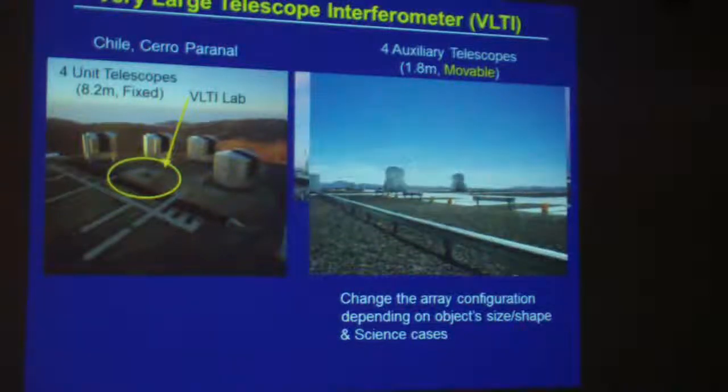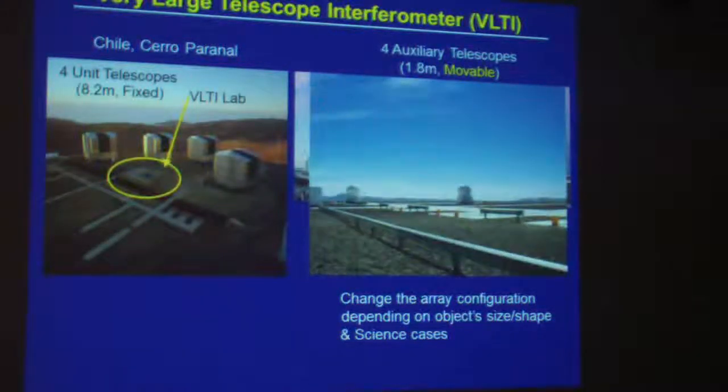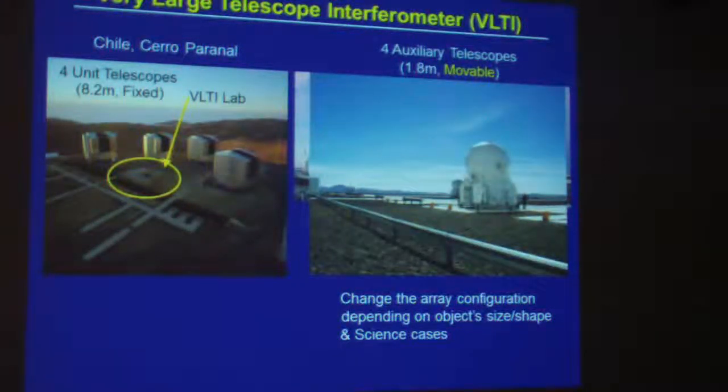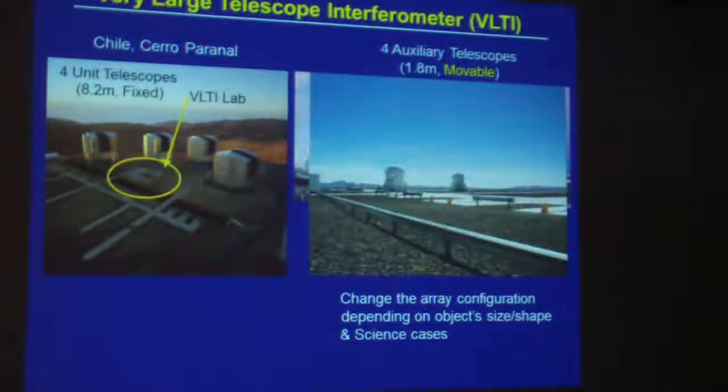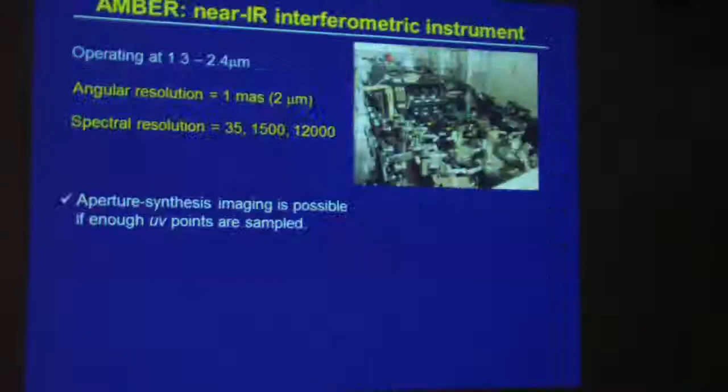the configurations, telescope configurations, depending on the object size and the scientific case, just like the VLA. And AMBER is one of the VLTI instruments working between 1.3 and 2.4 micron. With the currently offered maximum baseline at VLTI, we can go down to an angular resolution of 1 milliarcsecond.